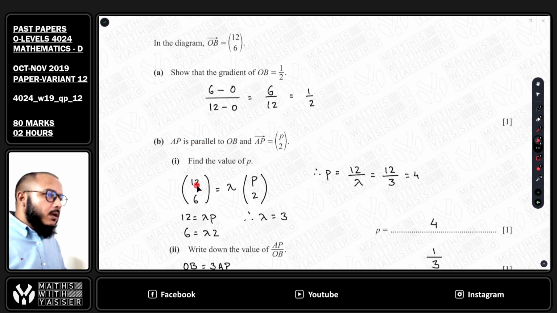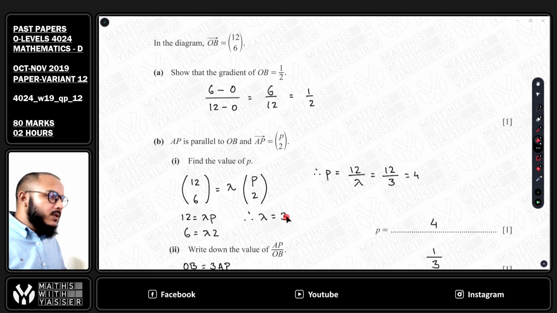So if I multiply lambda and p, this will become lambda p. So 12 is equal to lambda p and 6 is equal to lambda times 2. With the help of this, I can say that lambda is equal to 3, because for this equation, lambda will be equal to 6 over 2, which is 3.